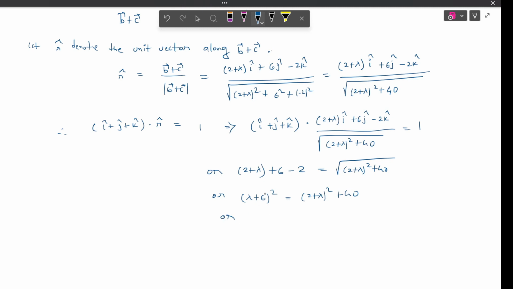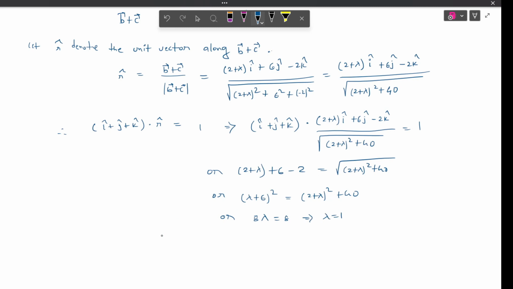This would be lambda square plus 12 lambda plus 36, and this would be lambda square plus 4 plus 4 lambda. So lambda square will cancel out. Here we have 12 lambda, here we have 4 lambda, so we get 8 lambda, and here we got 36. Here we have 40 plus 4, that is 44, so 36 and 44 gives 8. So 8 lambda equals 8. This means lambda equals 1.